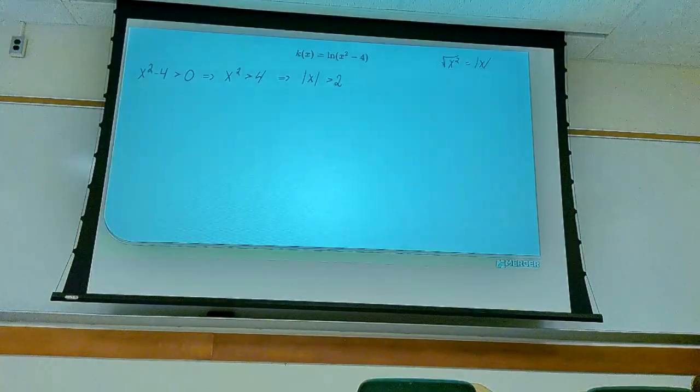But we don't know if x is positive or negative. So if x is negative 2, what's root 4? Positive 2, right? That's not x, because we said x was negative 2. But now you need to use the interpretation of that.